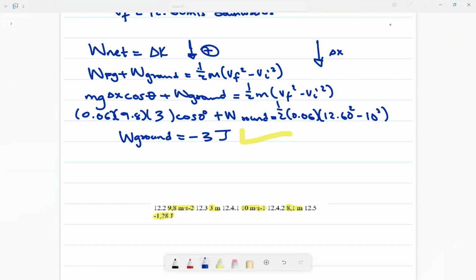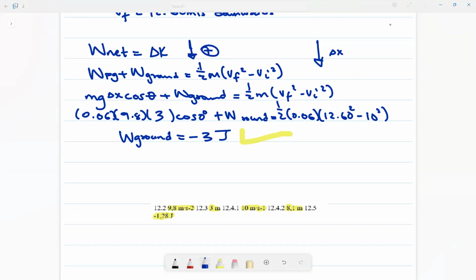Then they did what? I also did a wrong substitution there. They also got 12.6, the one that I got here. Then when they came here, they said W net is equal to change in K, which is 0.31. Here it is even 10.78, like that.